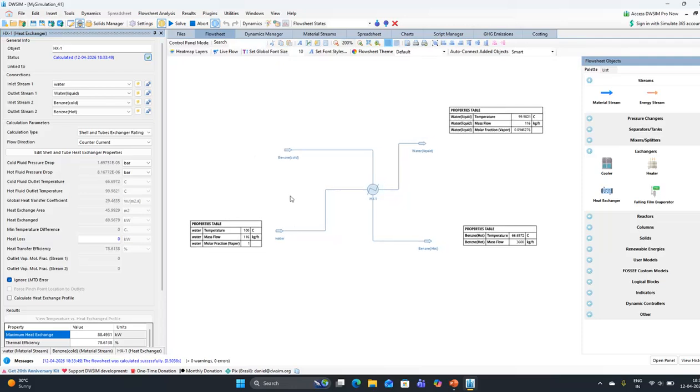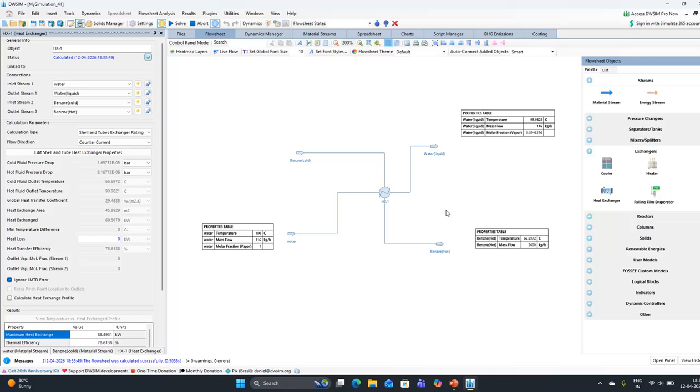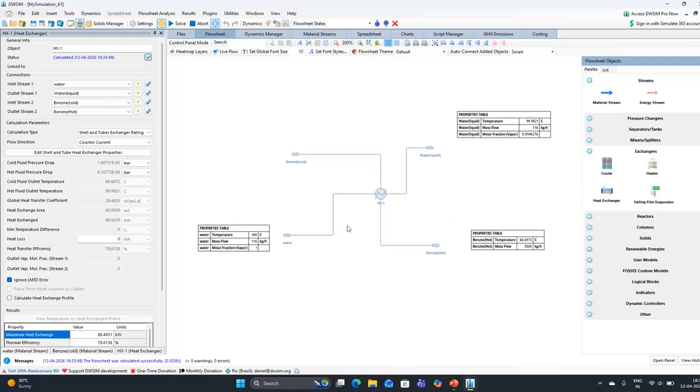So from this you can come up with two pieces of information: 67 degrees centigrade can be achieved when 116 kg of water is required, steam is required just to condense and heat up the benzene flow rate of 3600 kg per hour to 67 degrees centigrade.